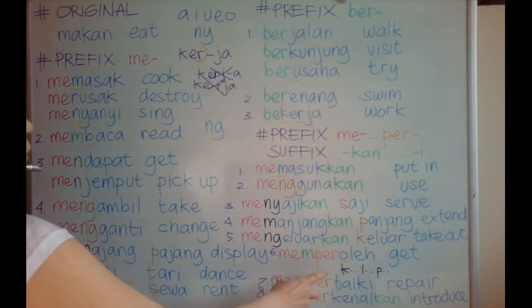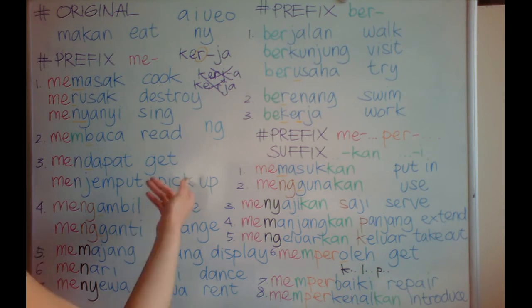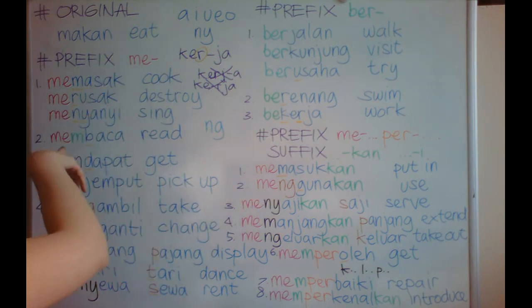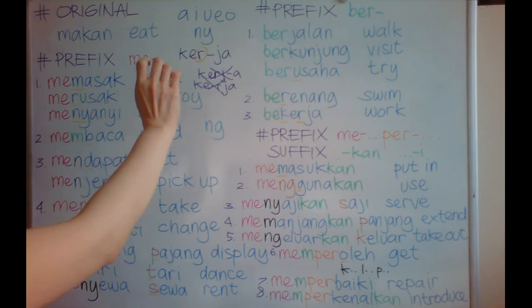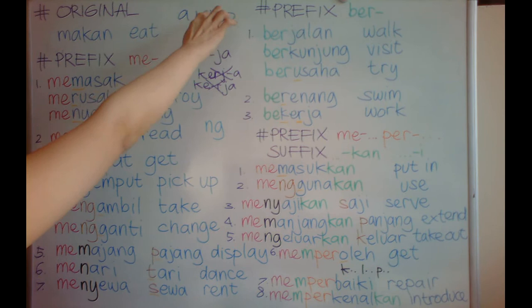Also has per. I cannot see if here is also mem with the O or so. We'll see here. No, this is meng. Yeah, like the vowel here, a, i, u, e, o.